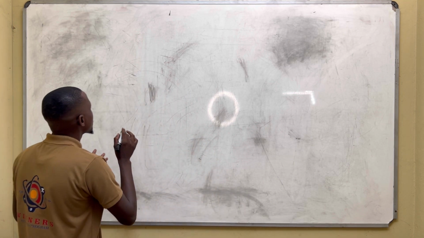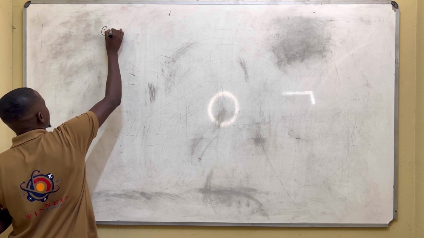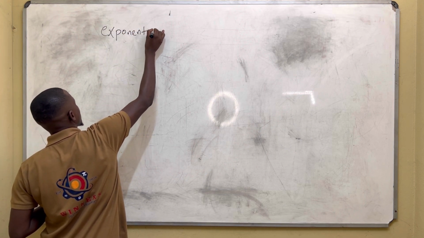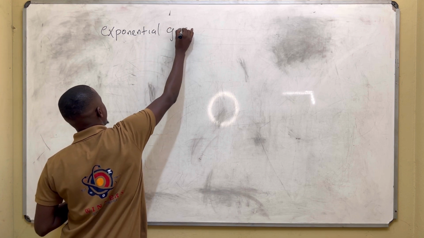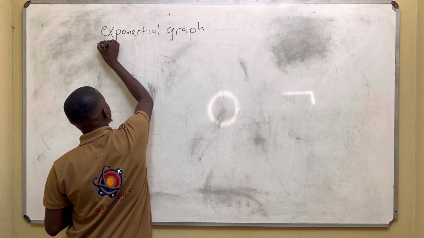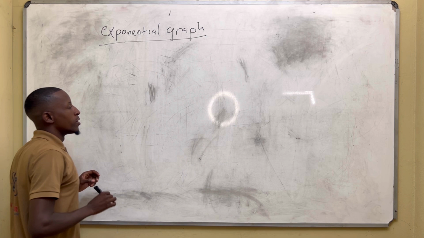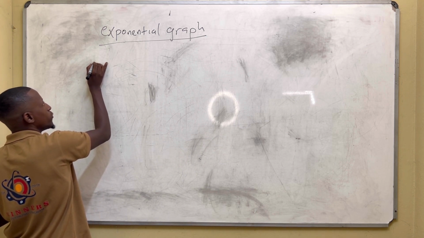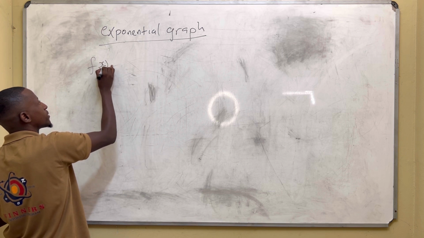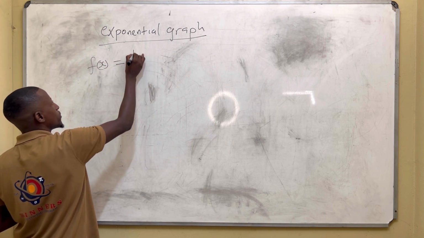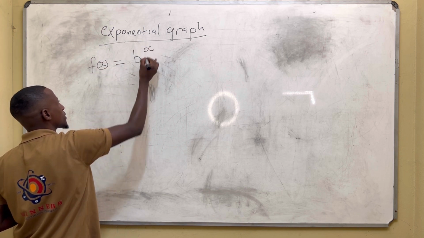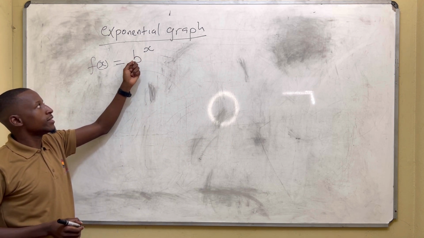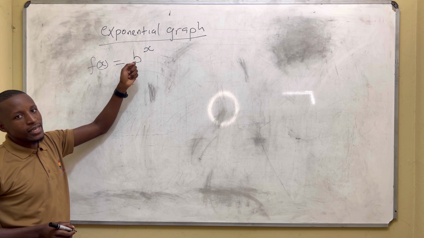So in an exponential graph, for example, if you are given f(x) = b^x, here they can put any letter, a k, an a, any letter.